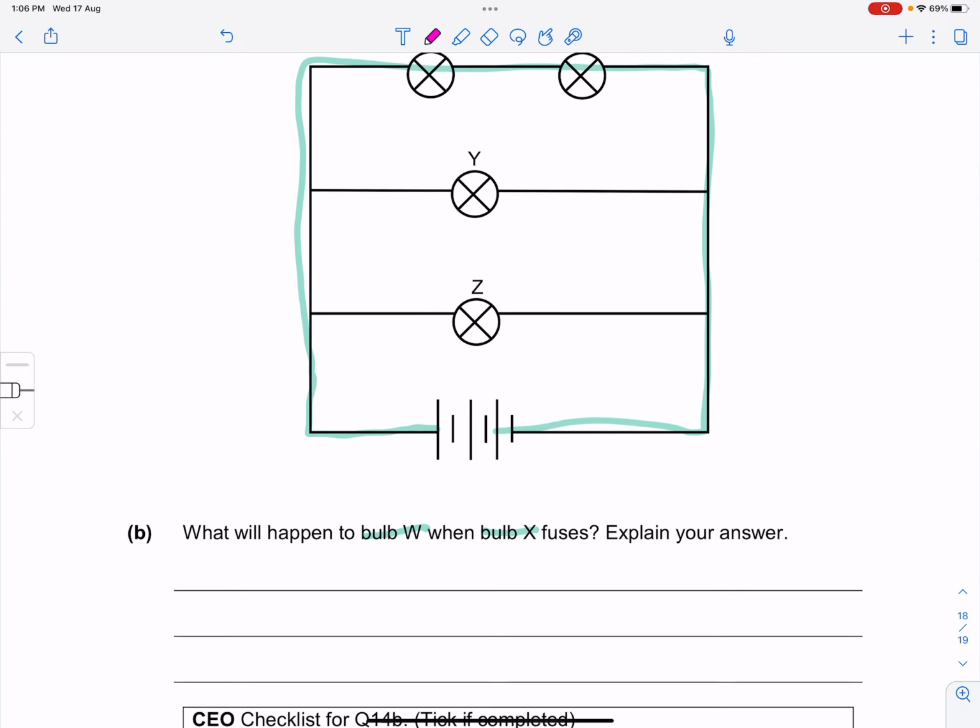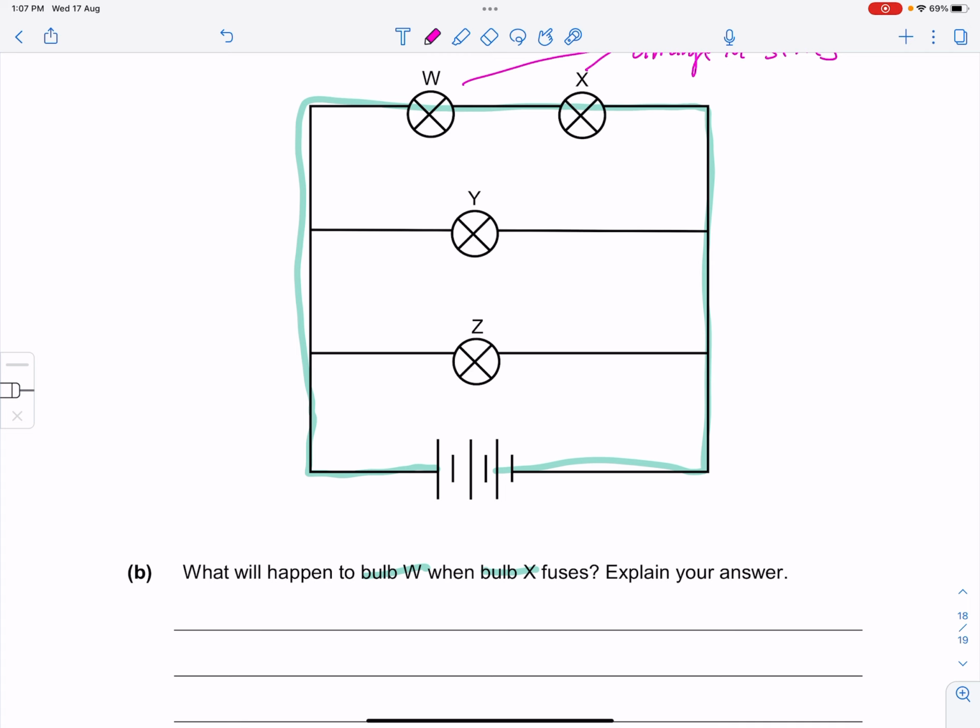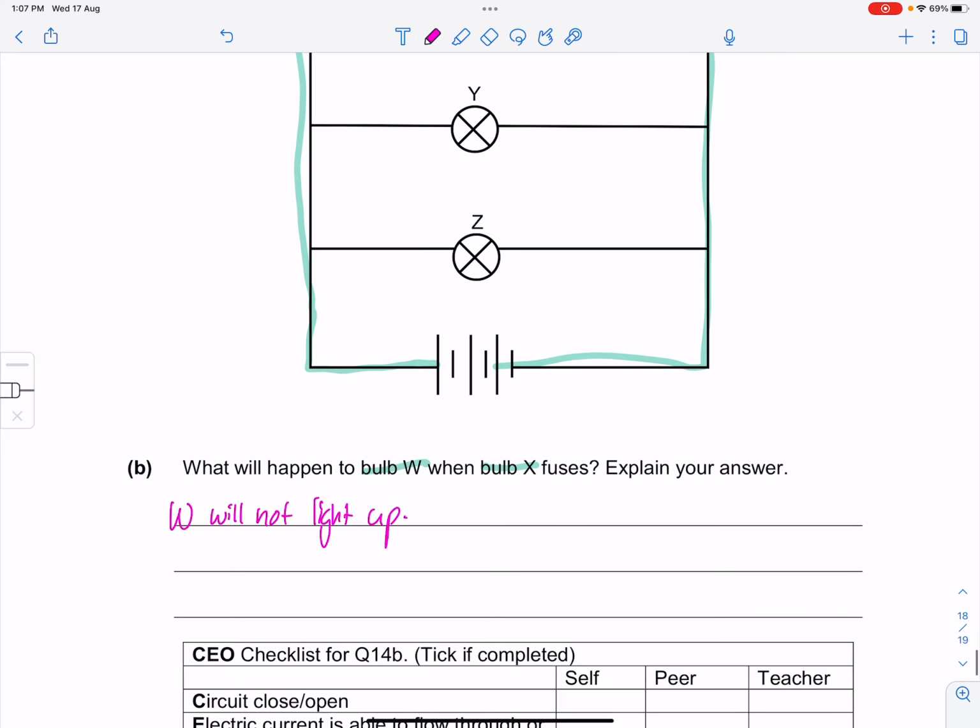So therefore, you have to say W will not light up. Then you explain why. As W and X are arranged in series, when X fuses, it will cause the circuit to be open.